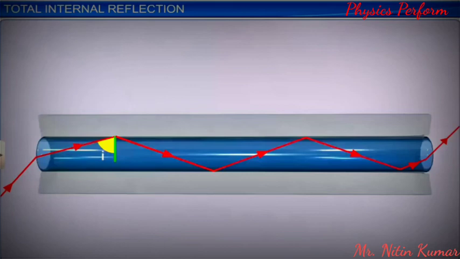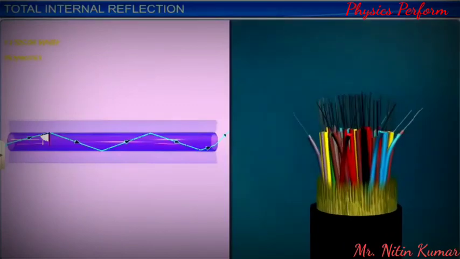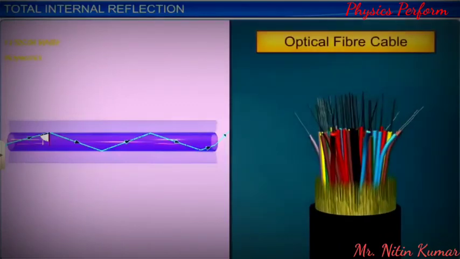In communication systems, optical fiber cables are used to transmit video and audio signals at the speed of light. In such cases, the electrical signals are first converted to light signals and then they are transmitted through optical fiber cables.